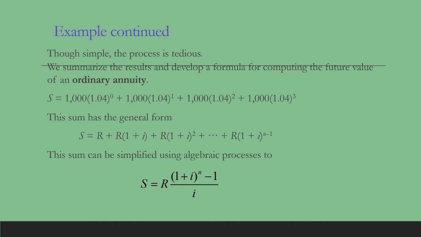Since it is a geometric series, the sum will be R into 1 plus I whole raised to n minus 1, divided by 1 plus I minus 1, which is I. So using this geometric series, we get the formula S equal to R times 1 plus I whole raised to n minus 1 by I. So instead of using individual values and adding them up, we can simply use this formula.